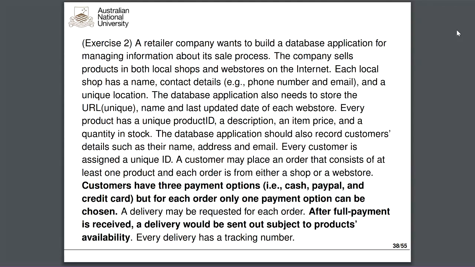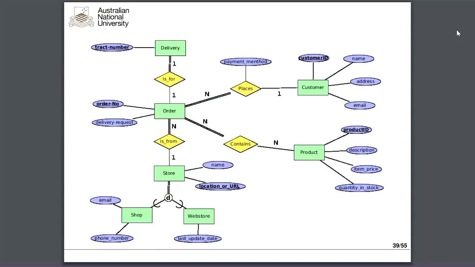This information is not particularly talked about here, and it cannot really be captured in a diagram like this, right? So, for example, this is a store, an entity. This store has disjoint sets of shops and web stores, and the store has a location or the URL for the attributes.